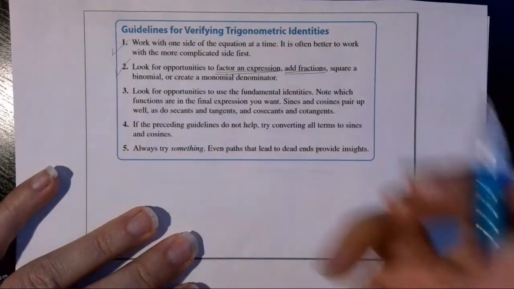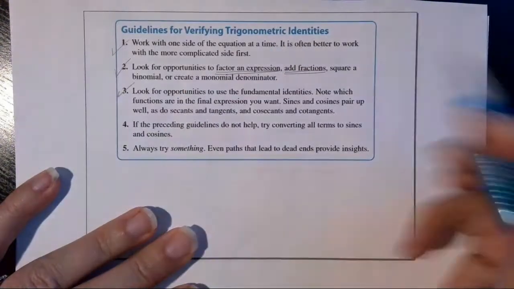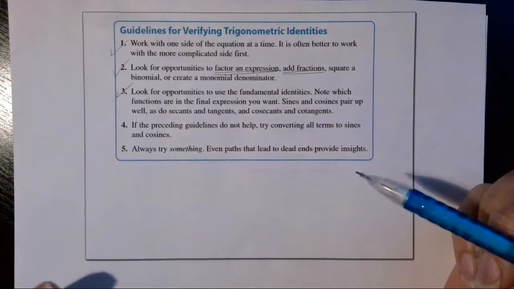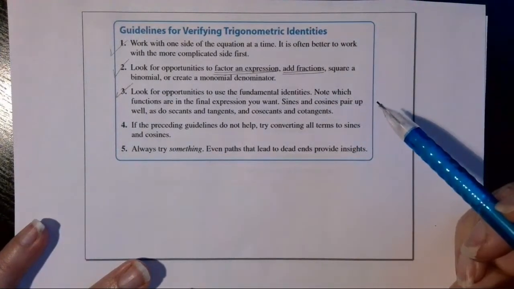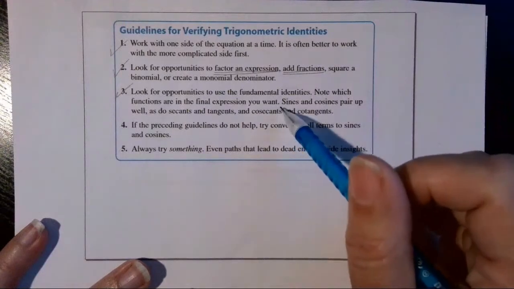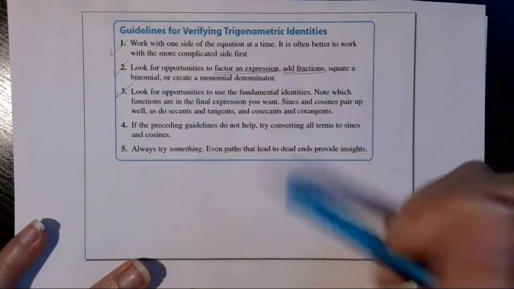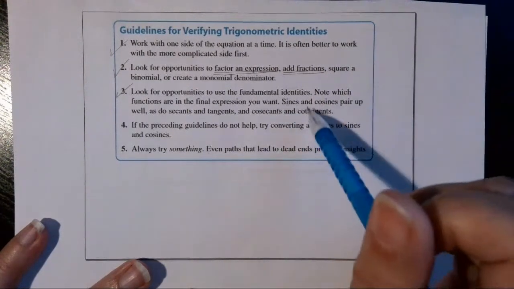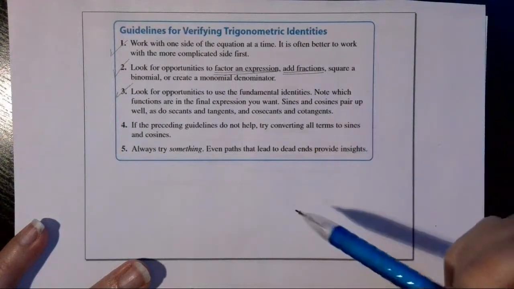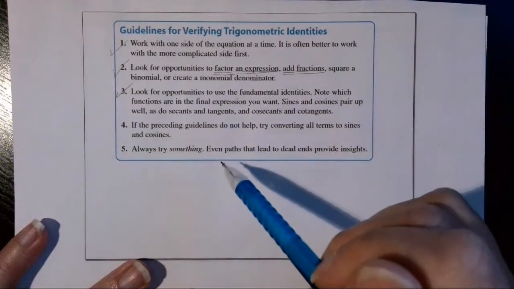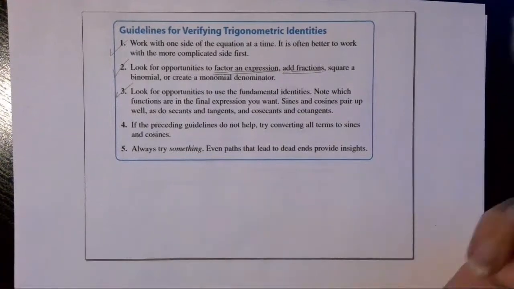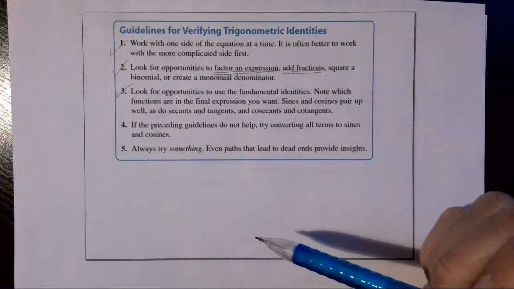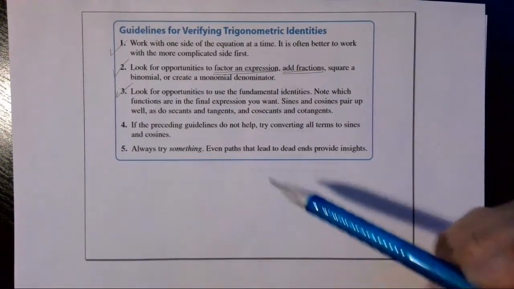Then step number three is to look for an opportunity to use those fundamental identities from your trig hexagon, noting which functions are in the final expression that you want. You want to always keep the end in sight because that's where you're headed. Sines and cosines pair up well, as do secants and tangents, cosecants and cotangents, because you can use some quotient identities and cancel things out easily.